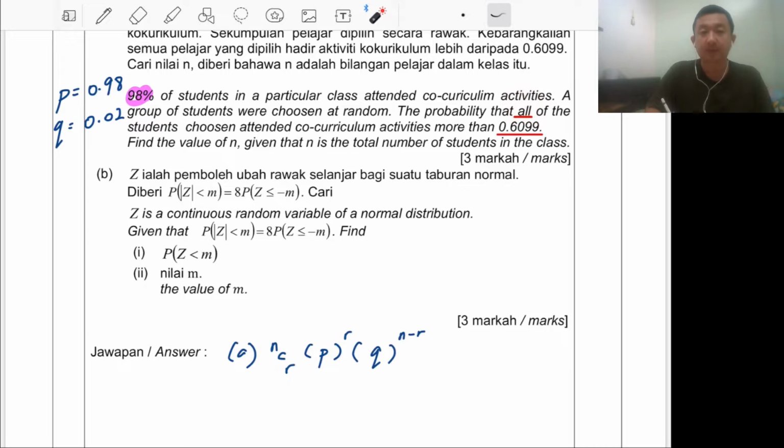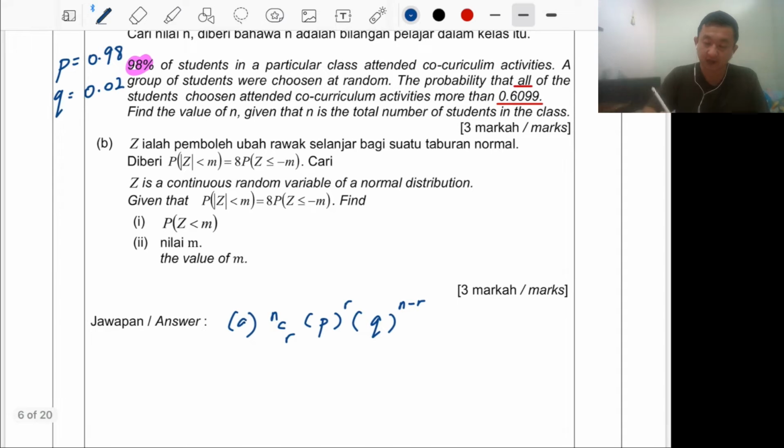So out of n people that you select, all of them are going for that CCA. So in this case, nCr, r is actually the n because all of them are going for CCA. So nCn, and then the success rate 0.98, and now r is the n. So now I have power of n and Q 0.02, which is power of n minus n.